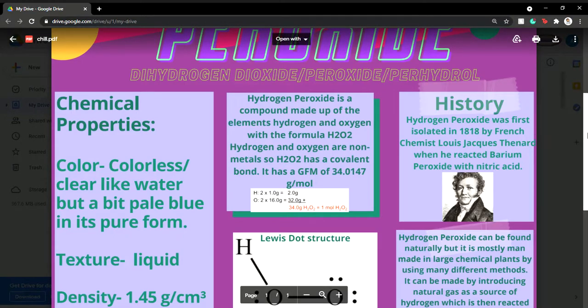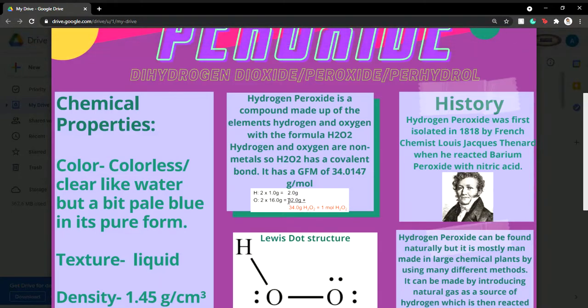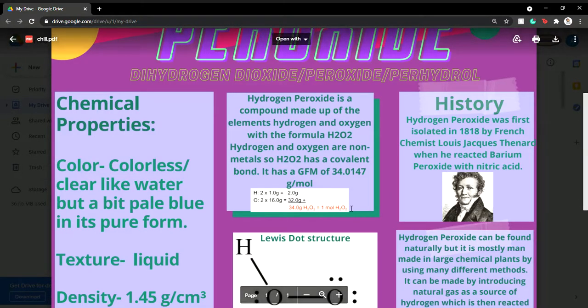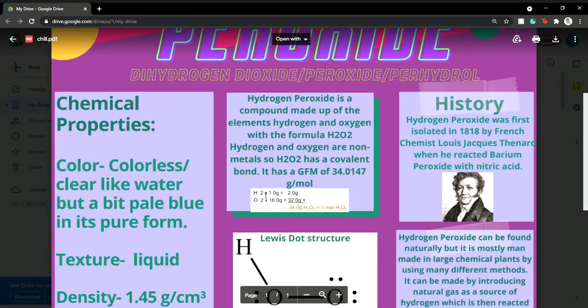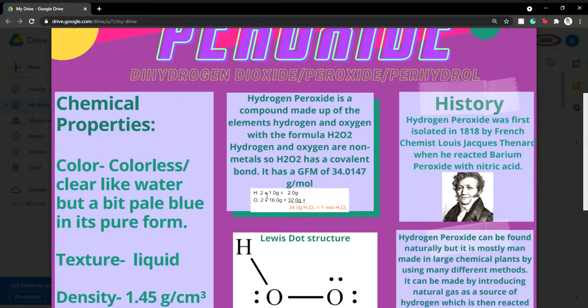It has a gram formula mass of 34.0147 g/mol. Here is an equation to show how we arrived at that number. Remember, it has two hydrogens, and one hydrogen weighs 1.0 grams, so 2 times 1 is 2.0 grams.